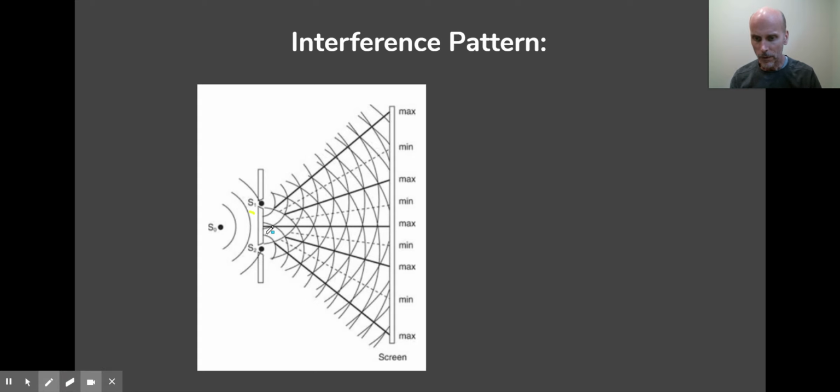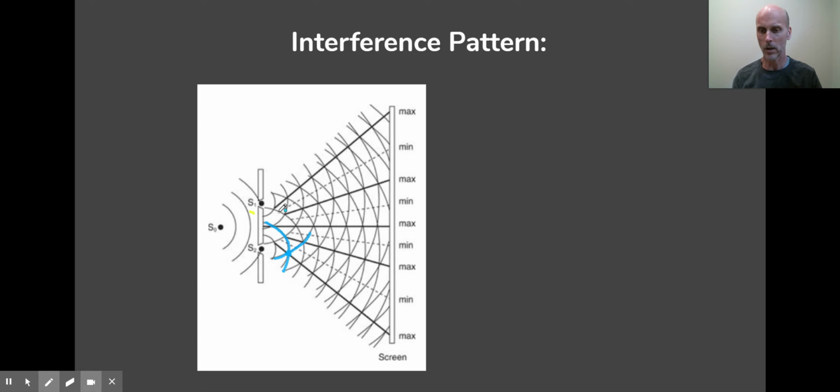If you trace some given points, for example anywhere along this solid line, you'll see that a crest from source 1 right here is meeting a crest from source 2 there. So there's a place where you get a huge crest because of those two crests meeting, and that happens all along this line.